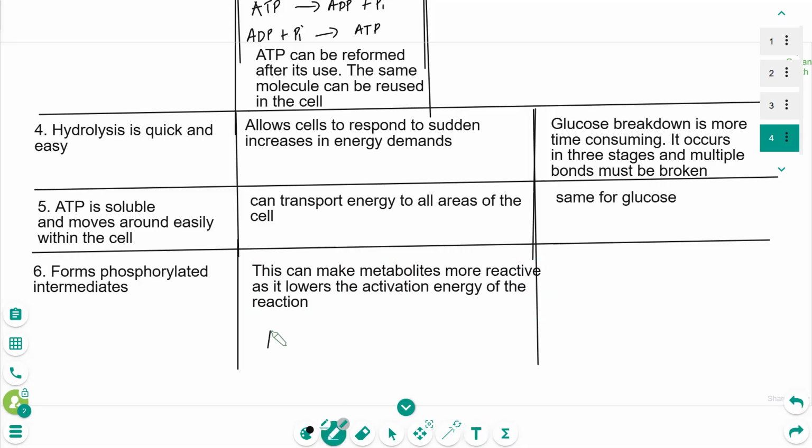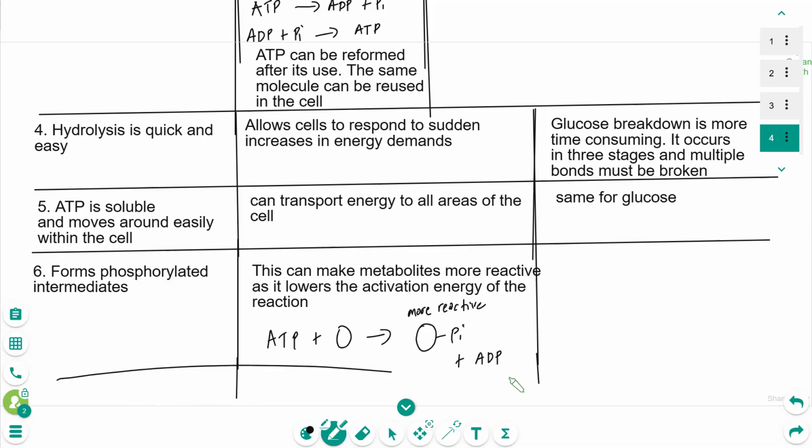So for example, ATP can react with a substance and a phosphate group is added to the substance. And this makes the substance more reactive than if it never had the phosphate group. Glucose cannot do that.